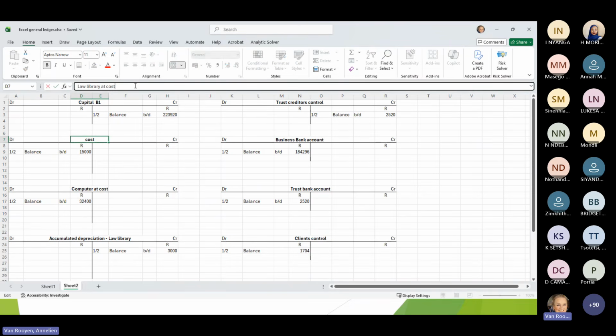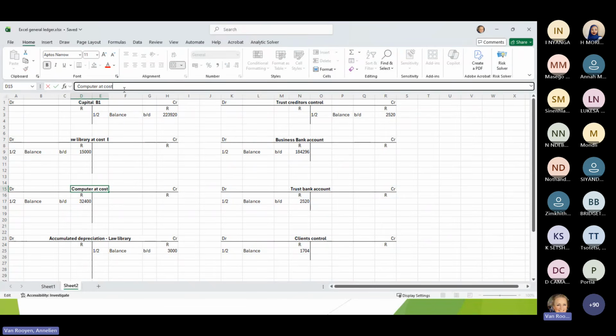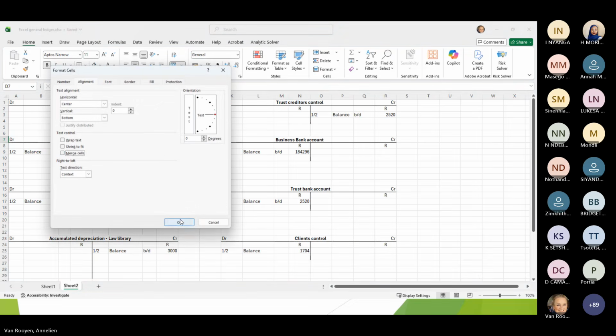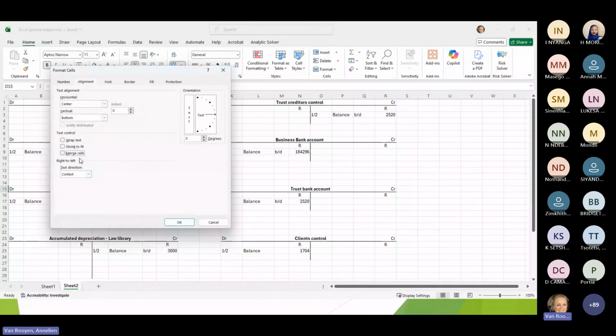If I remember correctly, B2. I assume computers will be B3. So can you see why we use these? So we know where to find the correct ledger account to use.